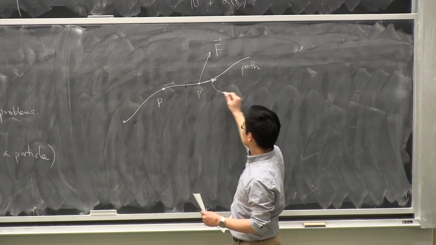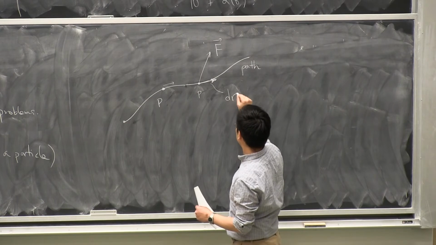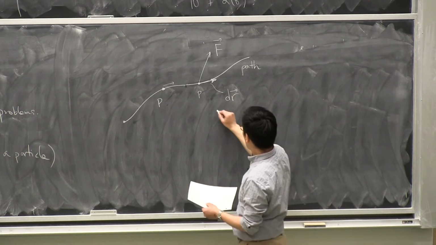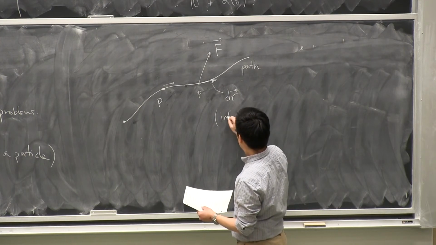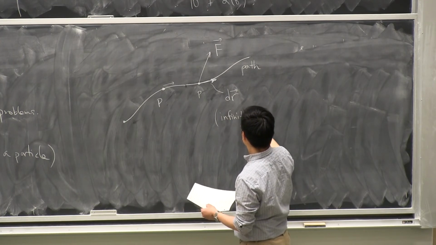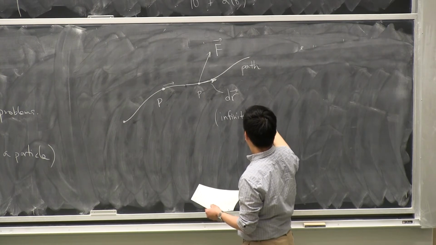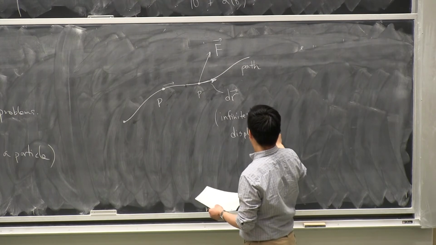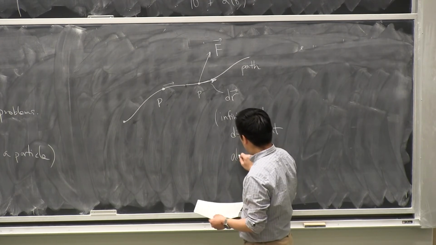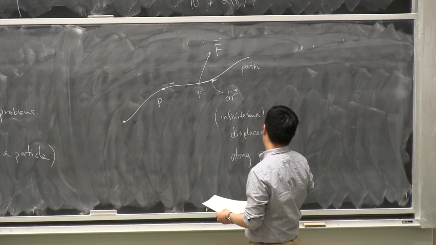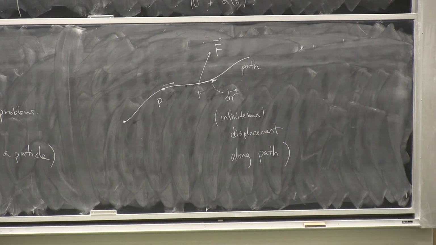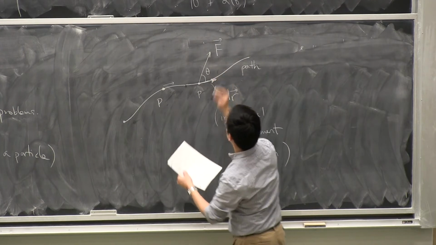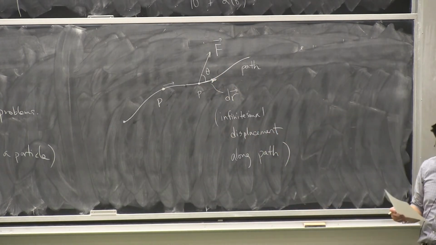So this vector represents a tiny little bit of my path. Okay? dr, this is an infinitesimal displacement along the path. And we have an angle between the force and dr.